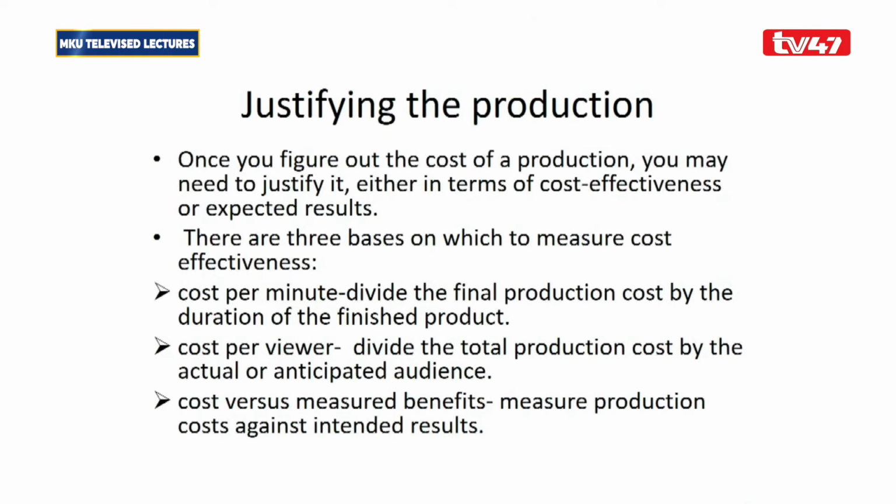So it will be easy for you to anticipate the number of audience who are likely to watch that production. So you get the total production cost divided by the number of viewers.